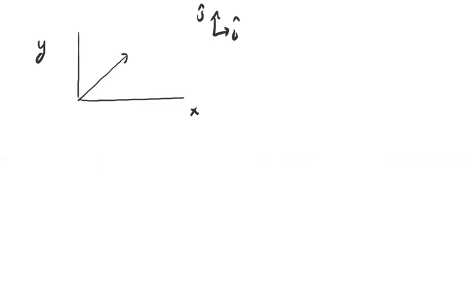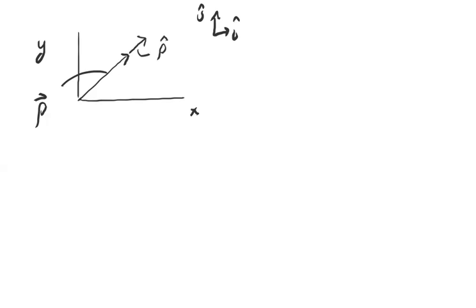So here is my vector rho, and associated with that vector rho is a unit vector. That unit vector points in the same direction as the vector rho, but it has magnitude of 1.